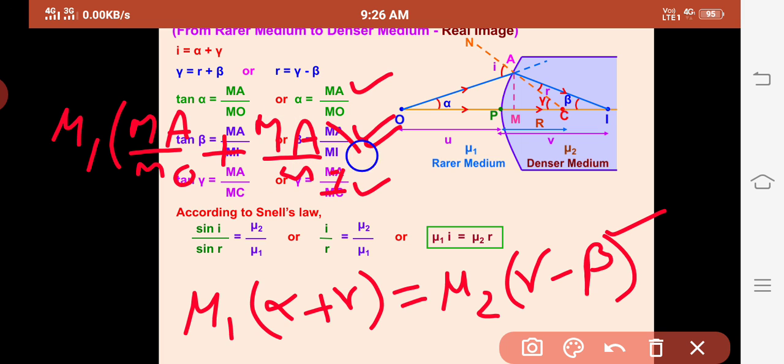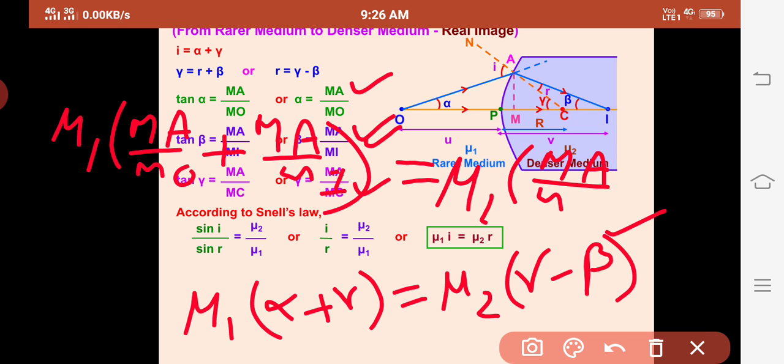These are the values of alpha plus gamma. Now substitute the values of gamma and beta. So mu2 in bracket, gamma means MA upon MC, minus MA upon MI.